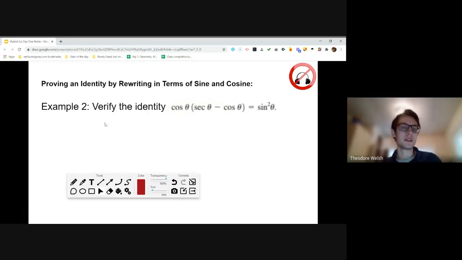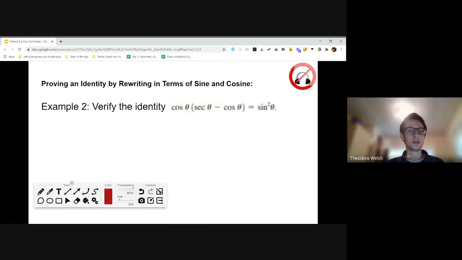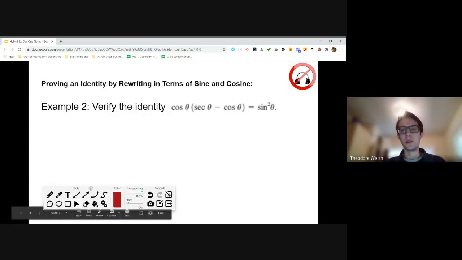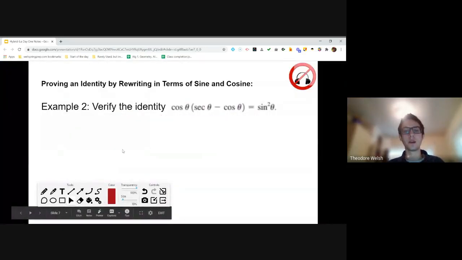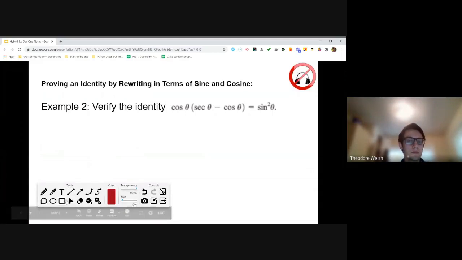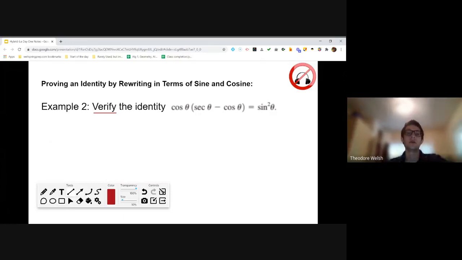All right. So here's example 2. We'll go through this one together. Then I'll give you a chance to try one on your own. For this one, we are verifying, so again, that means prove an identity. We need to start by picking which side I want to work from.